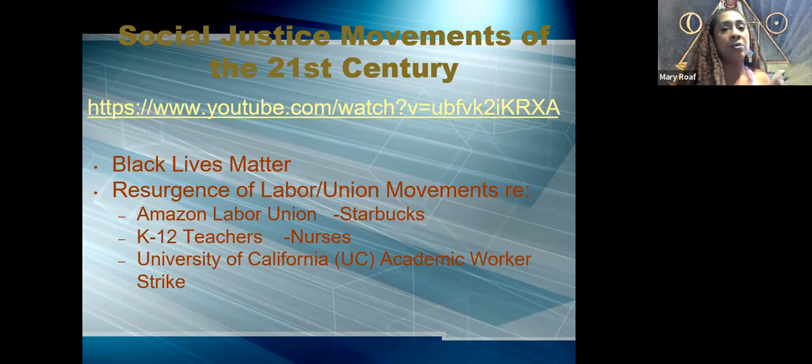We can also see social justice movements of the 21st century in the US as really showing us a resurgence of movements to unionize, which had gotten very gutted in this country because multinational corporations want to hoard the largest amount of profits that they can, coming directly at the expense of wages that people who are actually doing the hard work earn, but their compensation is not reflecting the actual value of the work that they are doing.